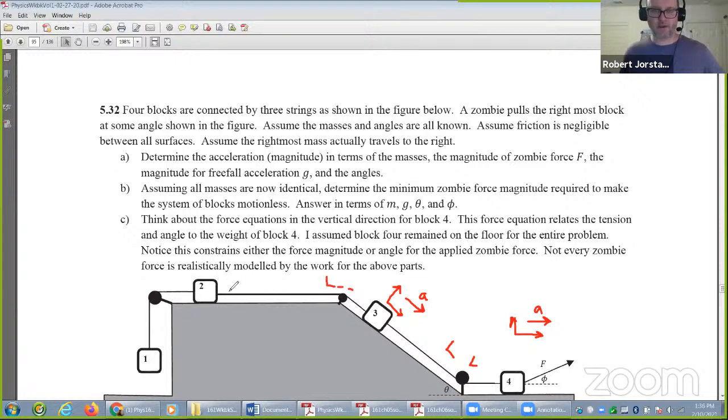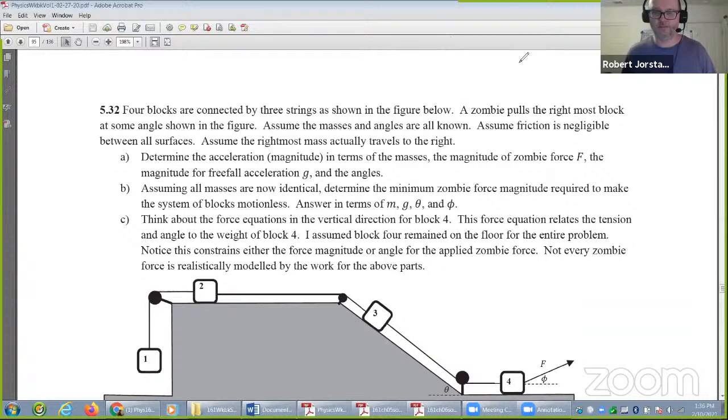This one would be this way. This one would accelerate to the right, and then kind of wrapping around here, this one should accelerate up. So that is kind of the trick here to make all these equations look the same. We rotate the coordinate system, that thumb lines up on the string, and it works out.